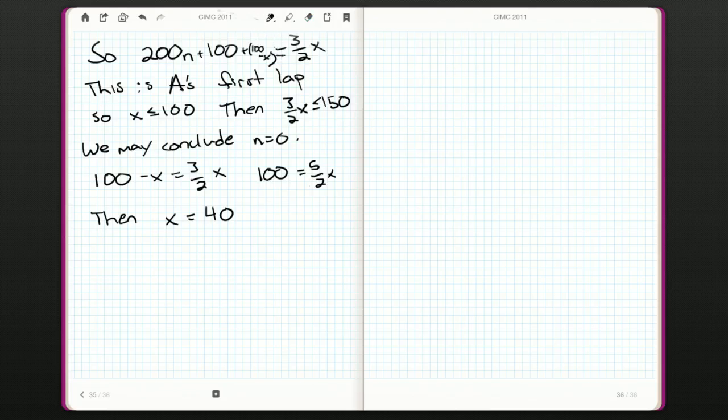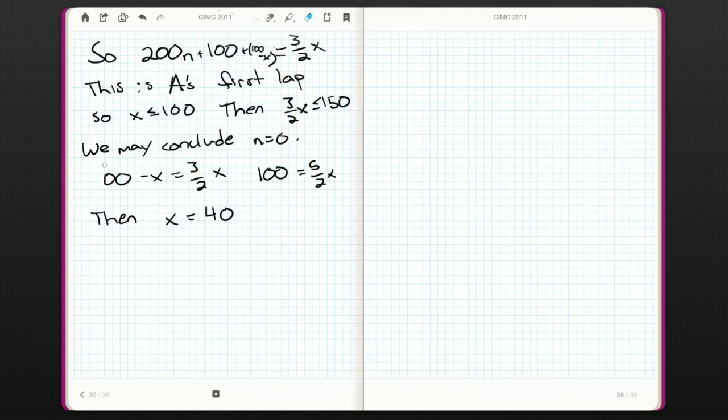So Alice's first lap, okay, x still less than 100. 3 over 2x is still less than or equal to 150. So if n was 1 or anything higher, we'd still have 200 plus 100, so that's at least 300 plus some positive number. That's definitely bigger than 150. So n is still equal to 0, so we're still fine. We just need to tidy up this equation at the end.